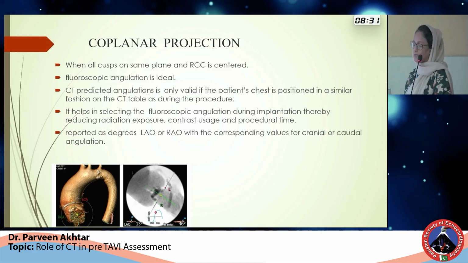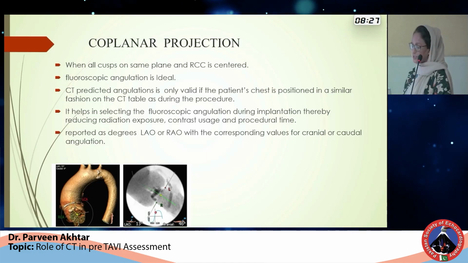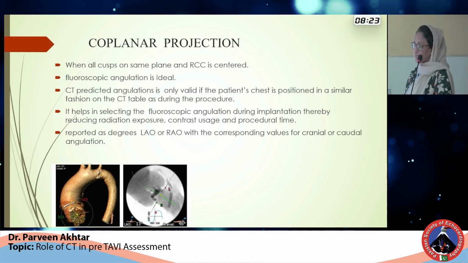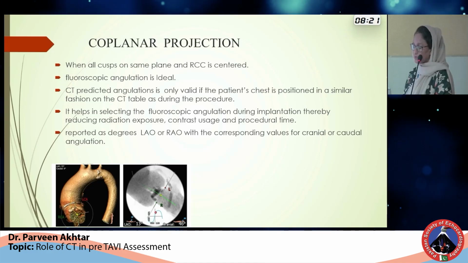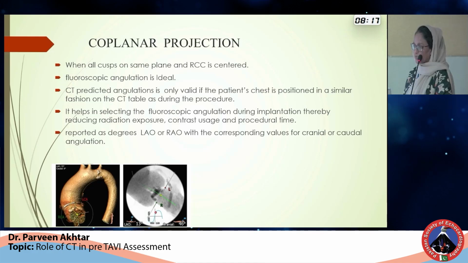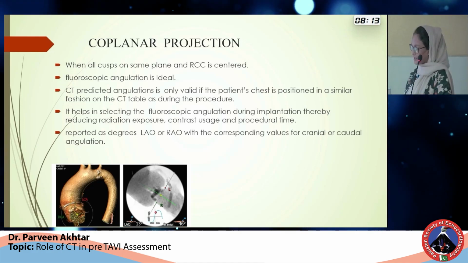So you have to mention it. It helps in selecting the fluoroscopic angulation during the implantation, therefore decreasing the radiation exposure, contrast usage, and procedural time. It is reported as LAO or RAO with cranial and caudal angulations.